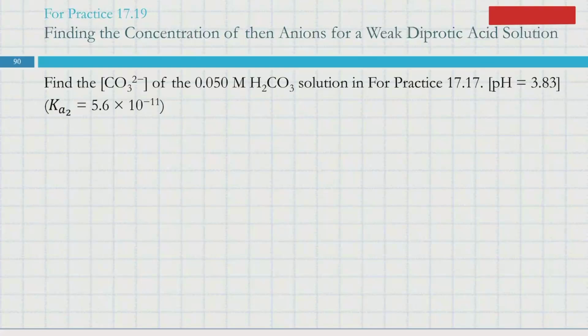We want to find the carbonate concentration of a carbonic acid solution in the, for practice, 17.17. That's one that we did, I think, previously. Here we're given a pH value that we can start with, and we are also given our Ka2.